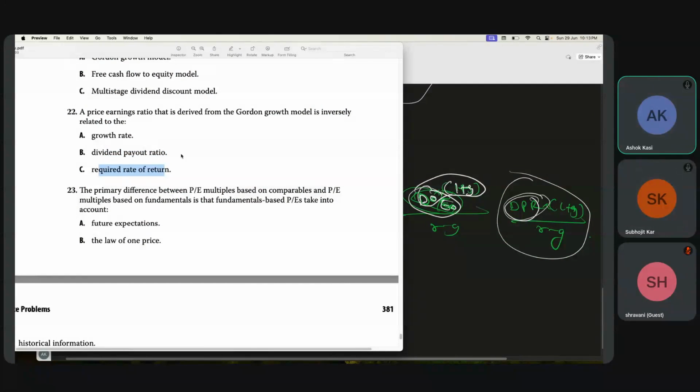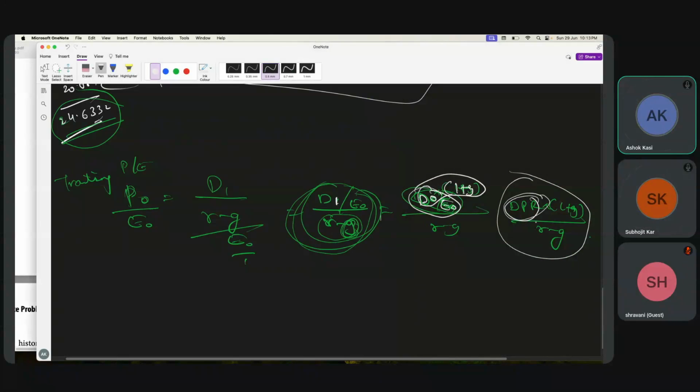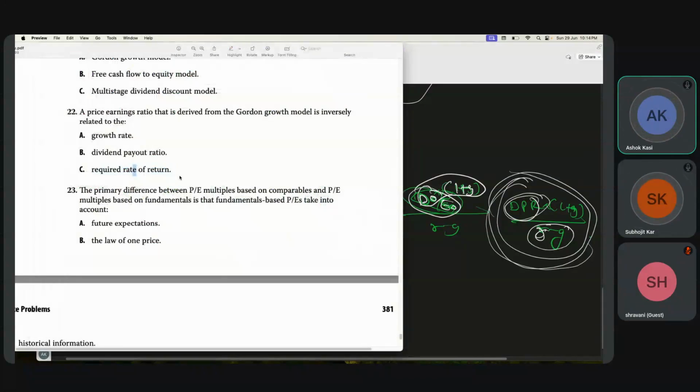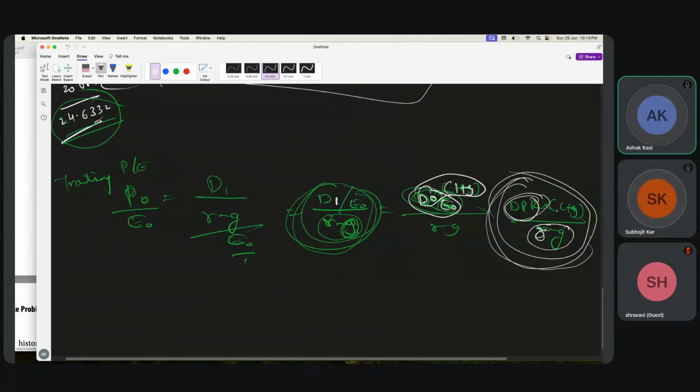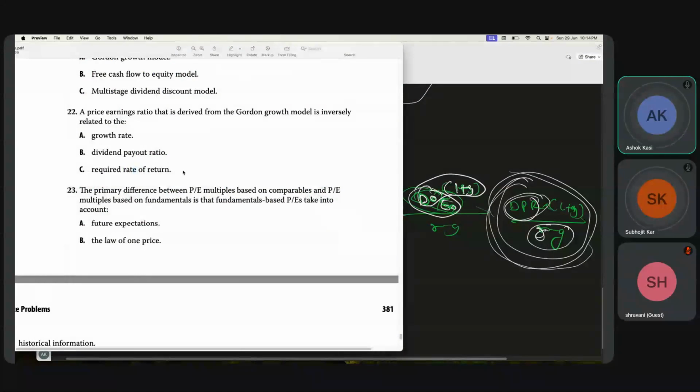Then required rate of return: if it goes up, then the denominator number becomes bigger, and the P ratio will become smaller. So that is correct, inversely related. If R is going up, P is coming down.